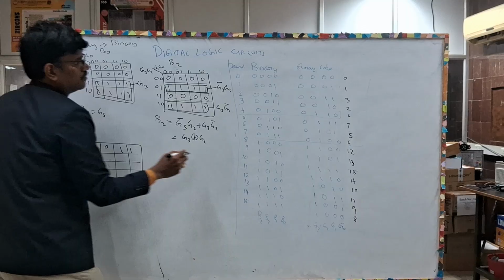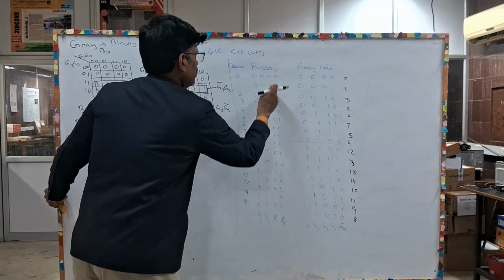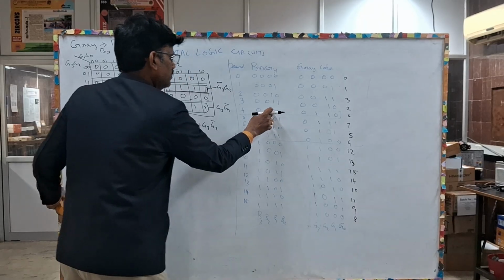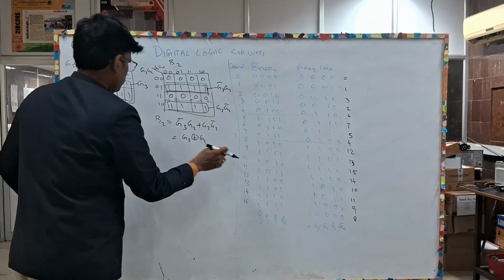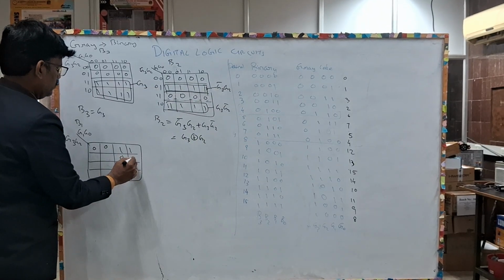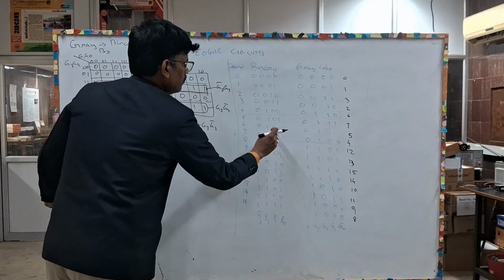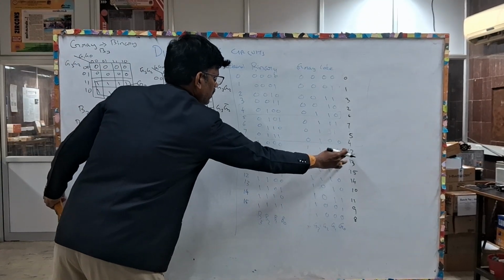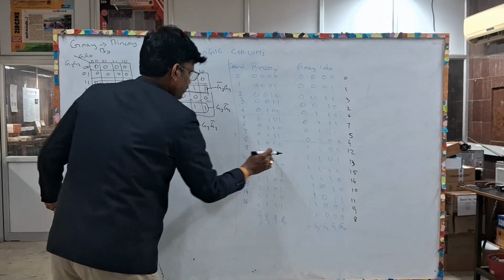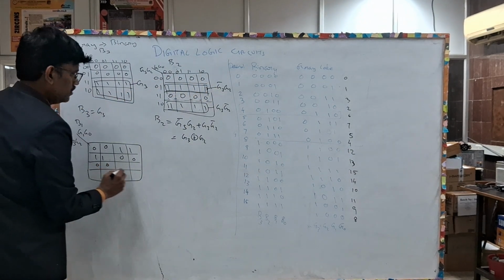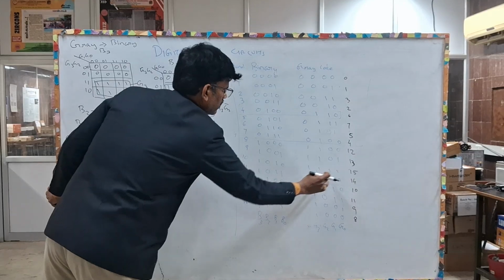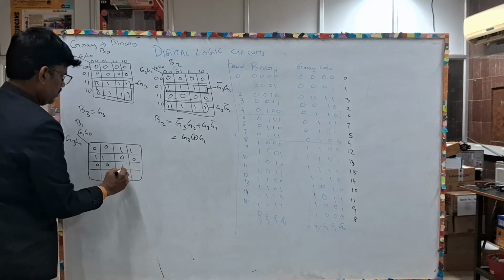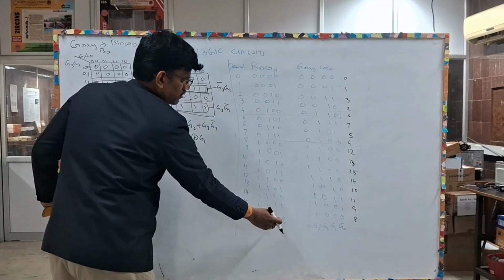Then for 6 and 7 it is going to be 0 0, and for 4 and 5 it is going to be 1 1. For 12 and 13 it is going to be 0 0, and for 14 and 15 it is going to be 1 1. So here it is for B1.